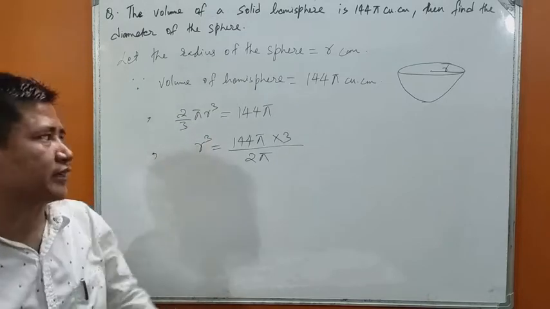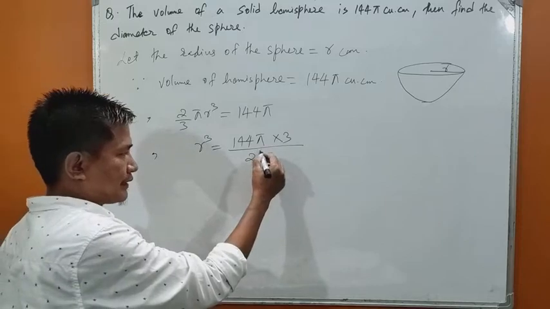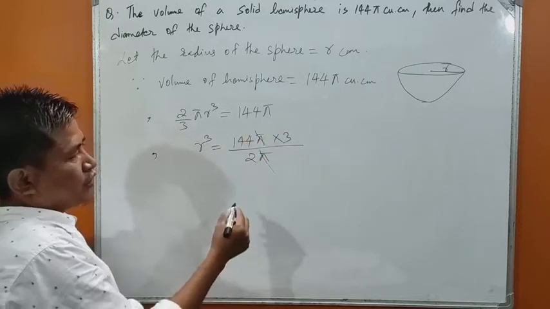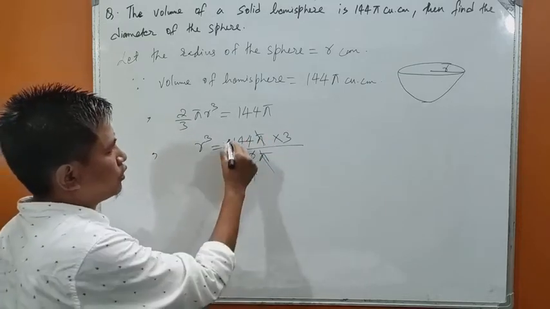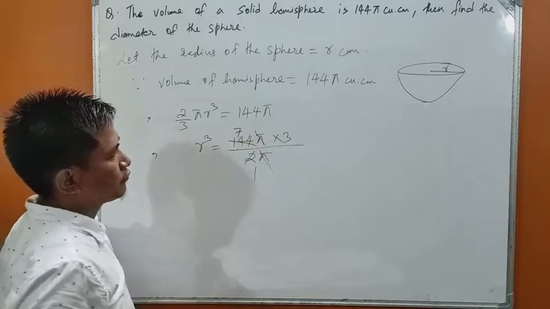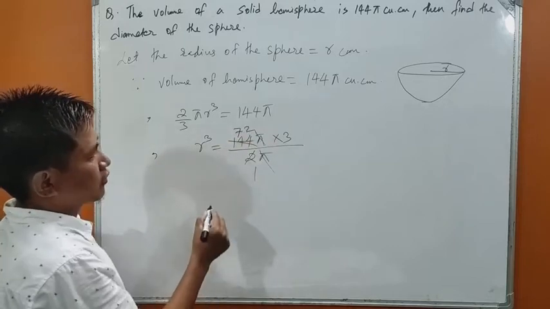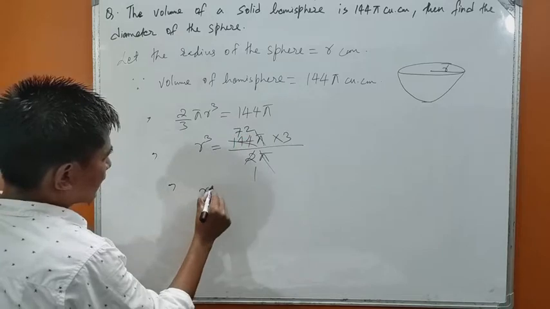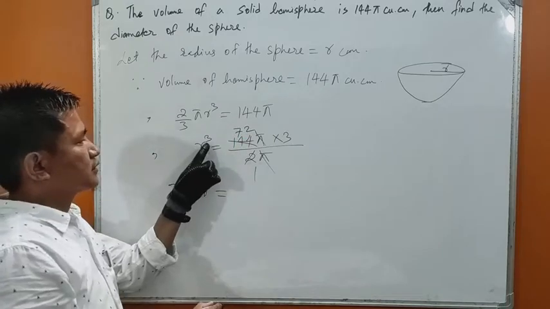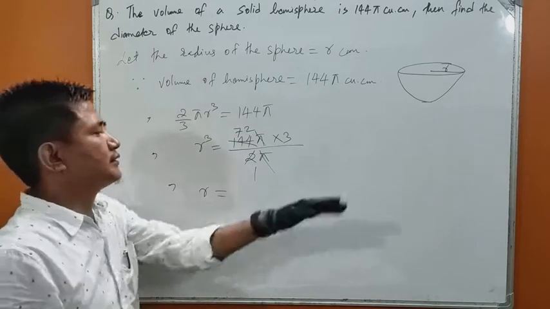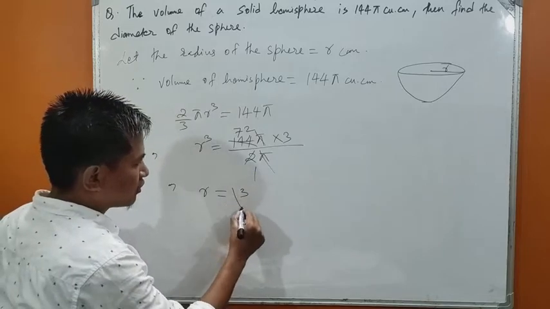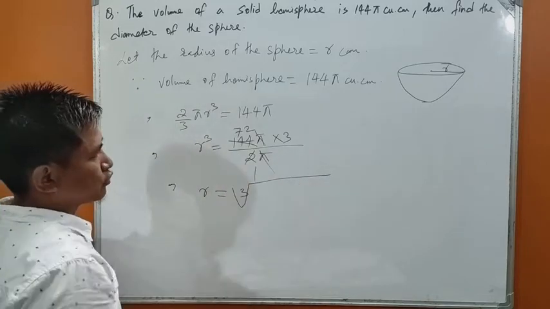Now let us cancel this pi and this pi. 2 ones are 2, 2 sevens are 14, 2 twos are 4, so r equals the cube root of 72.